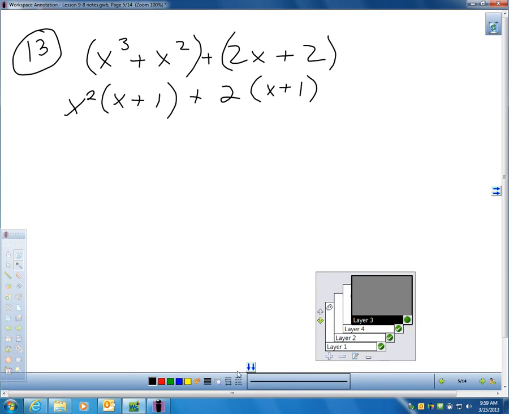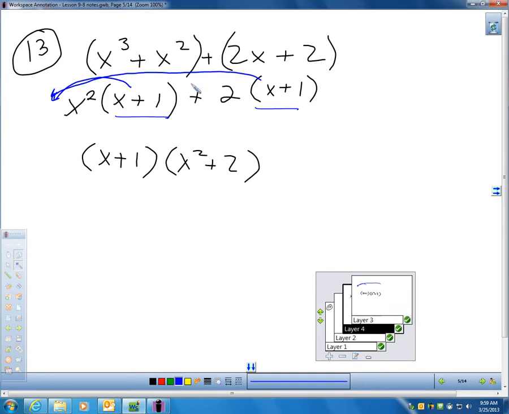Now, if you look here, let me just underline it. Do you notice now how both of these have x plus 1, the binomial x plus 1 in common? Well, I can factor out the x plus 1, and I'm still left with x squared plus 2, and I just factored number 13 now. Okay? That method right there is called grouping.